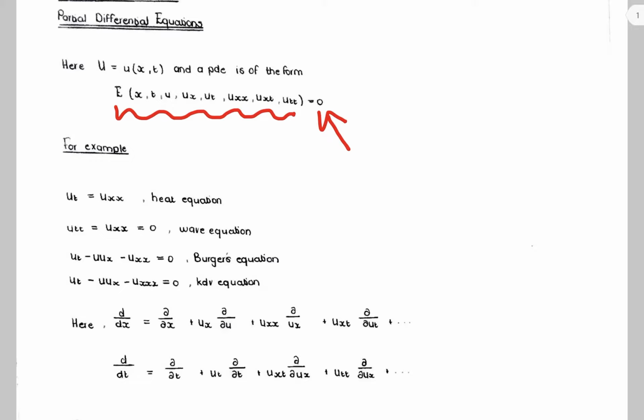Here, for example, is your classic heat equation, in which u_t minus u_xx is equal to 0. And here are some other classic equations. This one is indicated incorrectly, so I'll rewrite it. That one is u_tt.